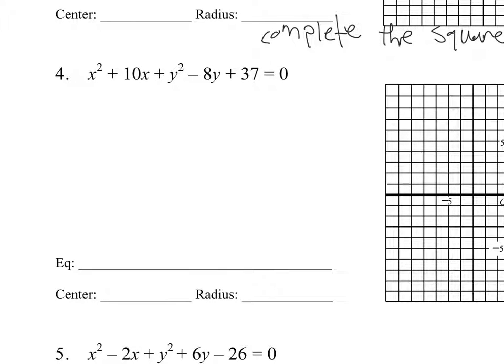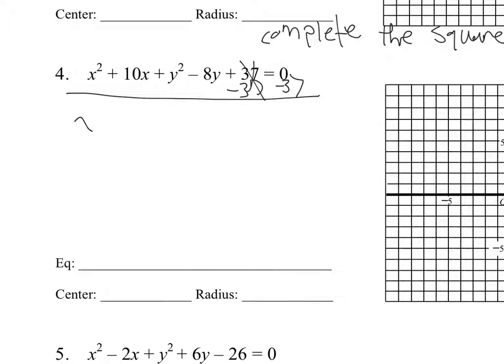What is C? C is just that extra number, which happens to be plus 37. This is not part of my x's and it's not part of my y's, so let's subtract 37 from both sides.